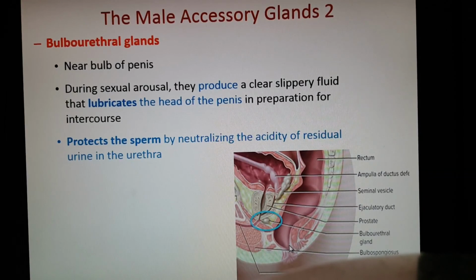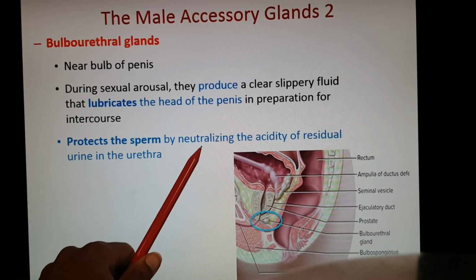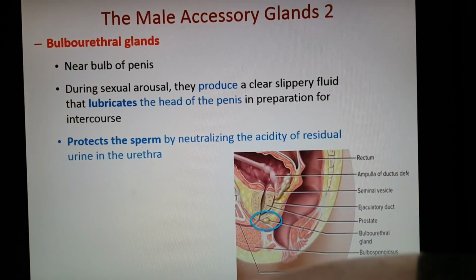The urine could be acidic, so to protect the sperm from that environment, the secretion from the bulbourethral glands helps to neutralize that area before the sperm gets through it. Some of that should also mix with the semen, and maybe even help neutralize the acidity of the vagina as well.